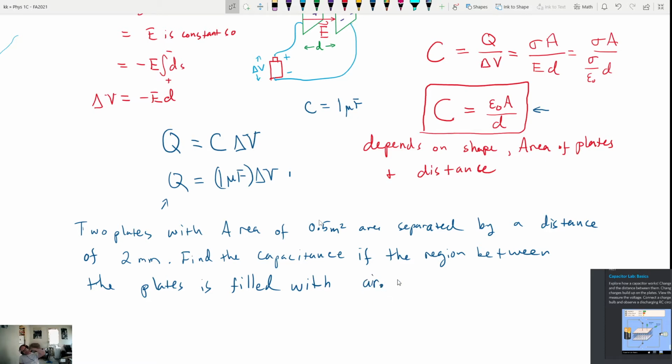So we have two plates with an area of 0.5 meters squared separated by a distance of 2 millimeters. We want to find the capacitance if the region between the plates is filled with air.